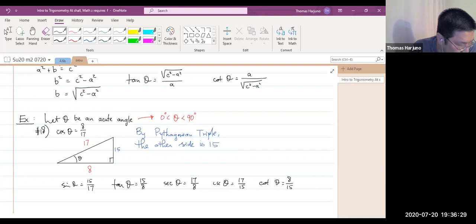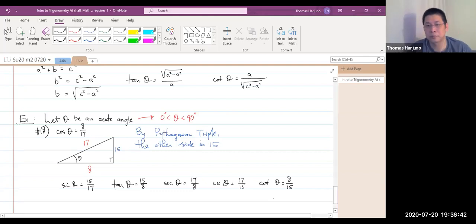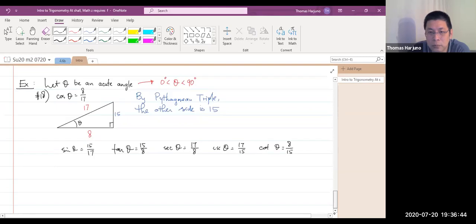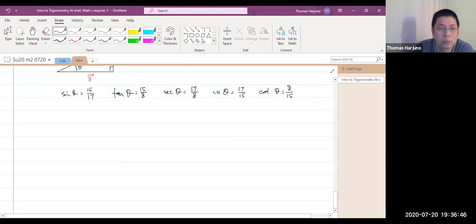What I'm about to do right now is to derive the values of trig functions for special angles. And that comes from special triangles.